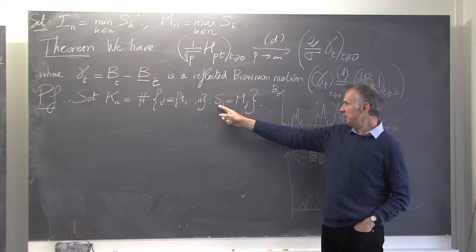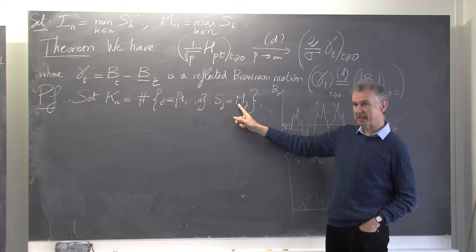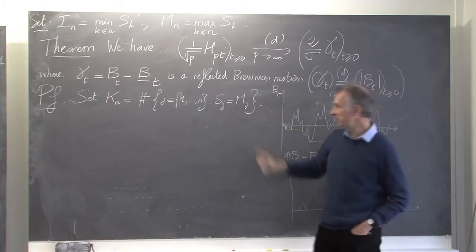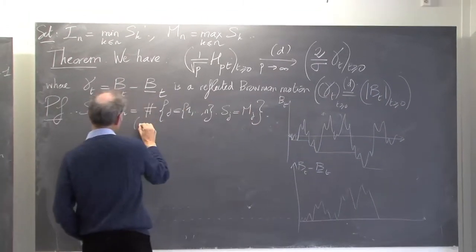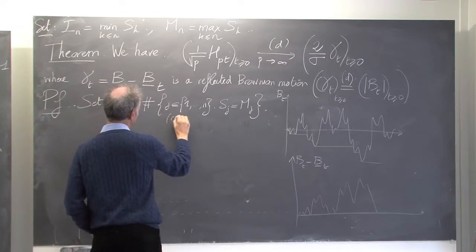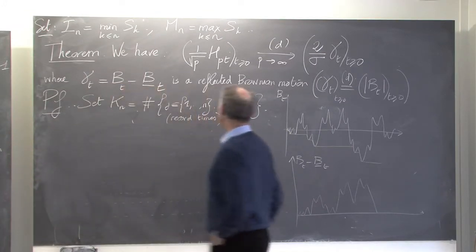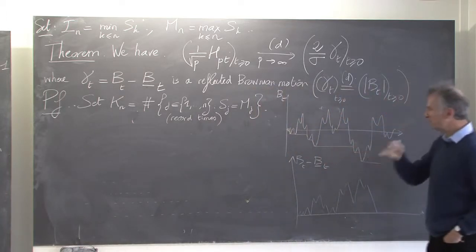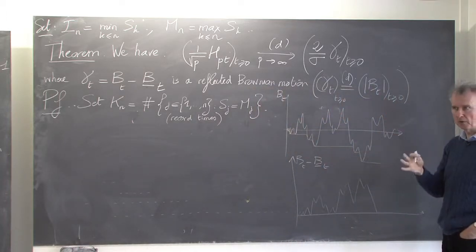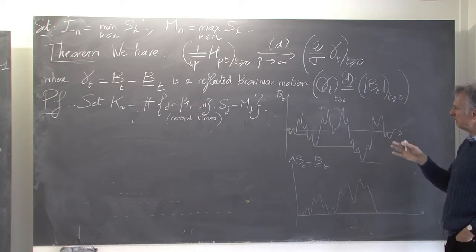So these are the times at which your random walk equals its maximum up to the same time. These are sometimes called the record times: a time at which you are at least as good as at all the times before.